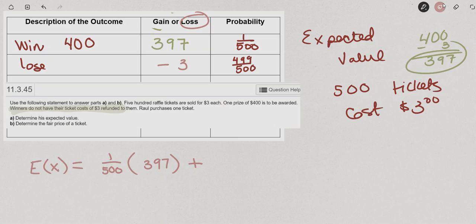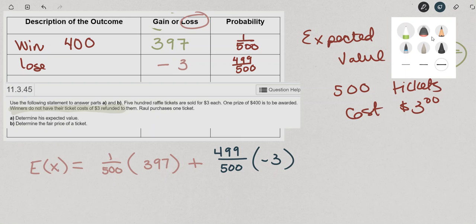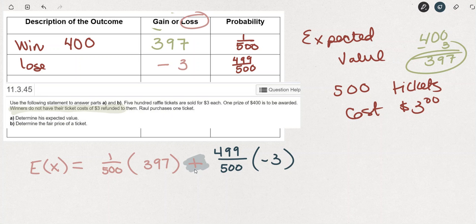In this case, there are two outcomes, winning and losing. And if you multiply these probabilities times their gain or loss and add them together, notice that the formula has you add them together, you will be able to calculate the expected value.